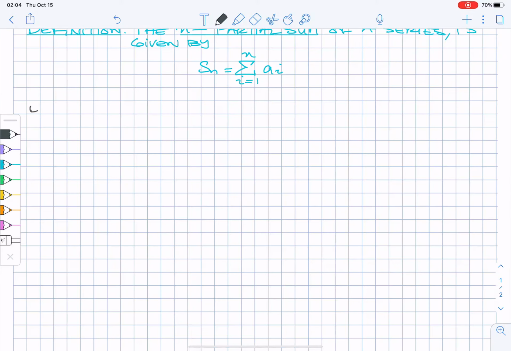Okay, so for example, find the nth partial sum. Find S sub n for the following infinite series.